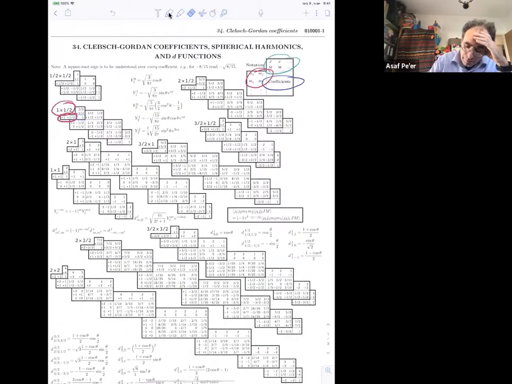So we're still looking at this table. M1 is equal to 0, M2 is equal to 1/2. It's this one.